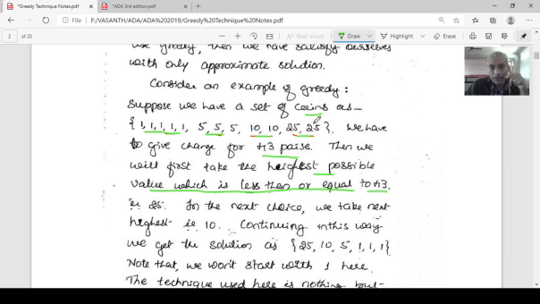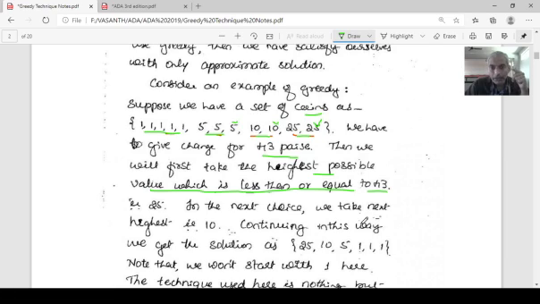So you select a 25 paise coin. If you select another 25 paise coin, you will get 50 paise, but you have to give 43. So next you go to the next largest, you take a 10 paise coin. So 25 plus 10, you get 35. Can you again take another 10? If you take another 10, it becomes 45. No, so you will take 5.